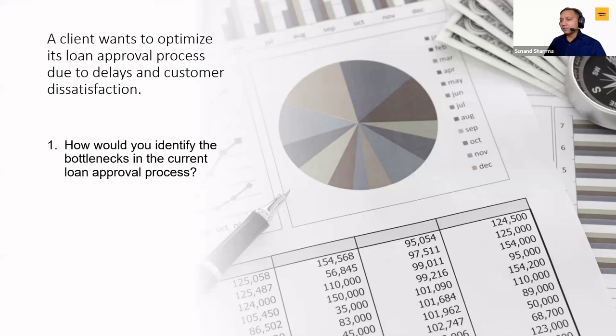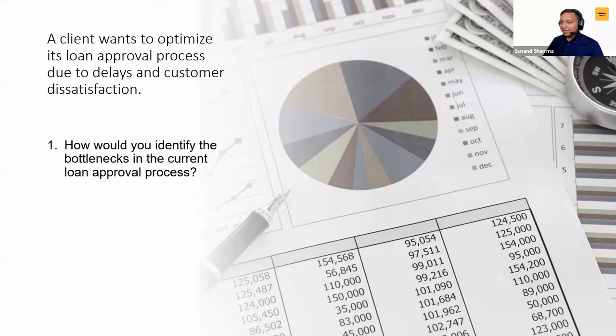Next, I would gather data on key performance indicators such as average processing time at each step, the number of applications handled, and the rate of application rejection or requests for additional information. I would also interview key stakeholders, including loan officers, underwriters, and customers to gain qualitative insights into the pain points and the delay.